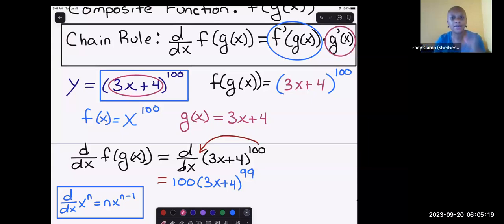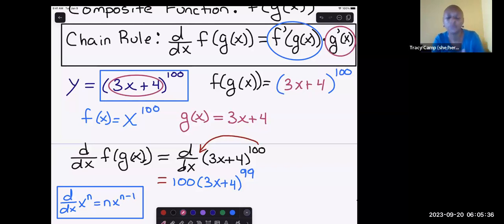Whatever was there instead of an x. So we just used the power rule, but we used it for a function that wasn't x raised to a power. It was 3x plus 4 raised to a power.